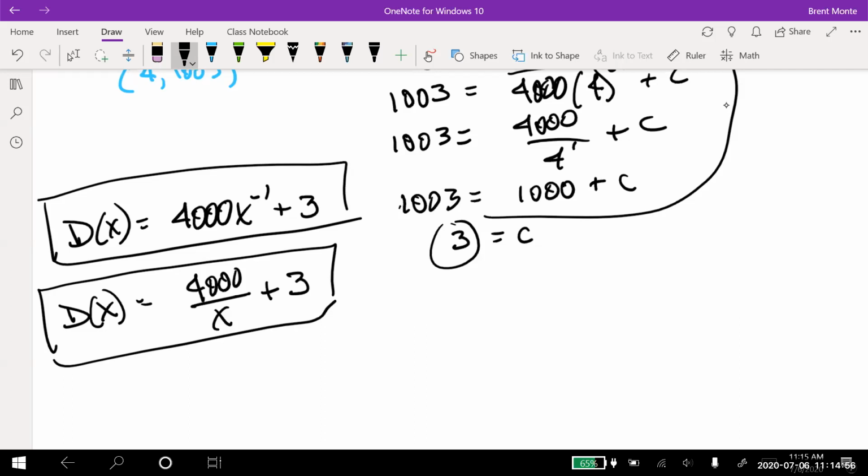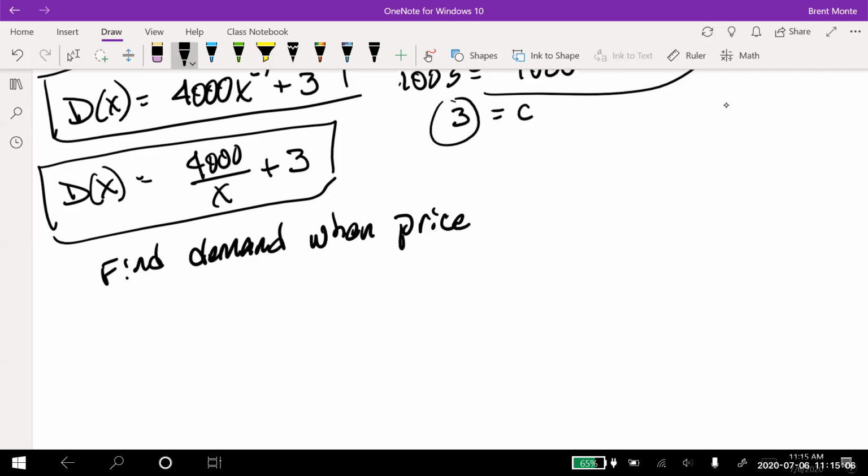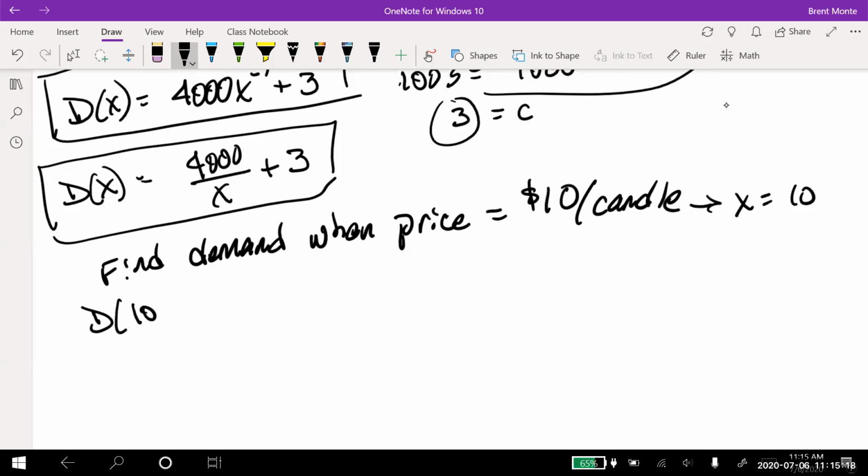And then now if they ask you a question saying, hey, what's going to be the demand? Let's even make this up. Find demand when price equals $10 per candle. All right, so that just means x equals 10. We just plug it in. The demand at $10?